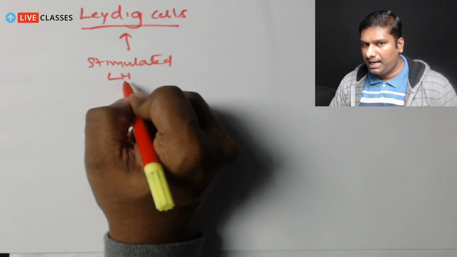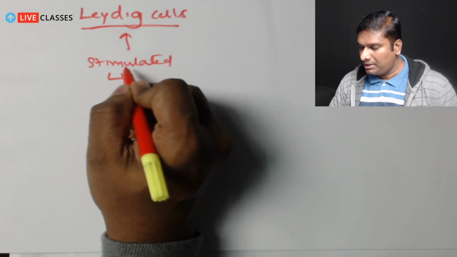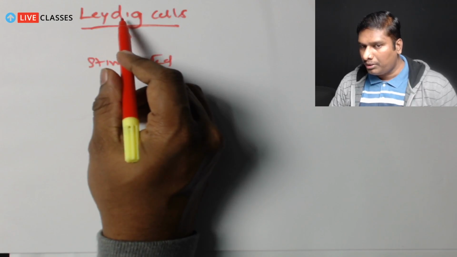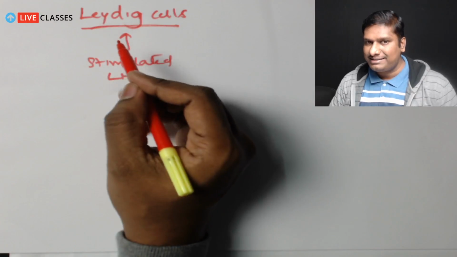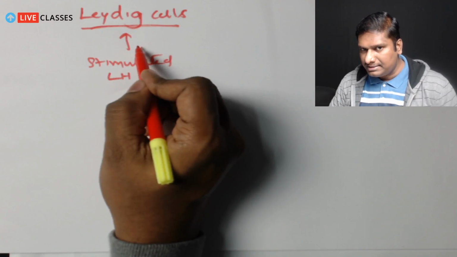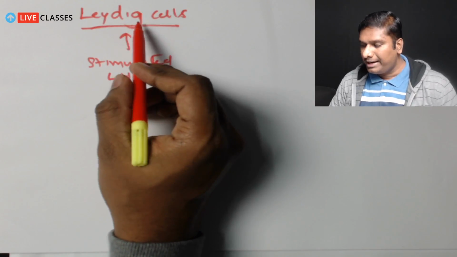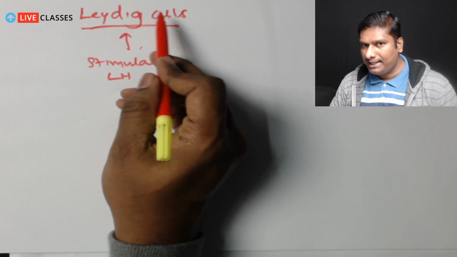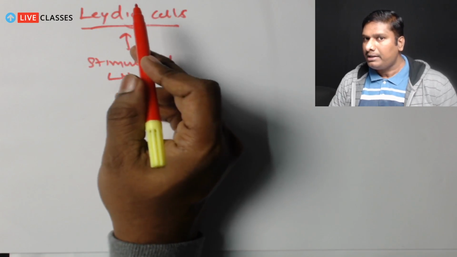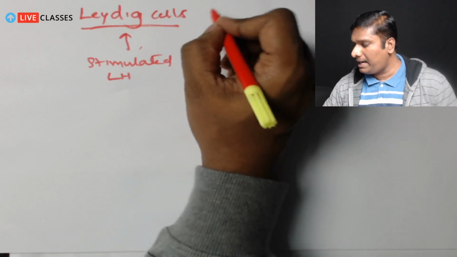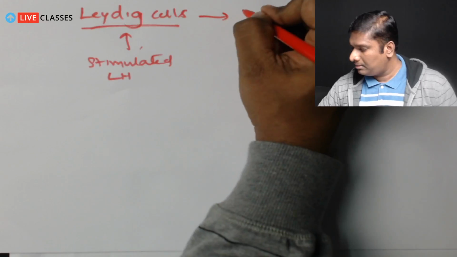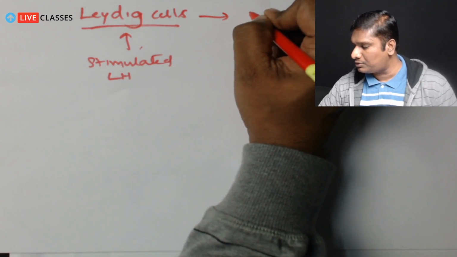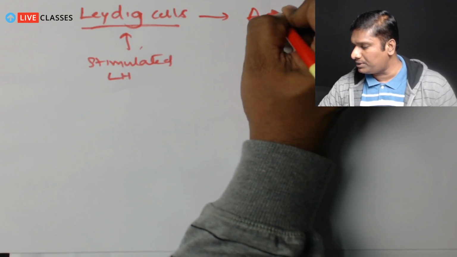This luteinizing hormone travels through your blood and reaches the testis. Specifically, it goes to the stromal tissue where the Leydig cells are present, and it binds to the Leydig cells, which stimulates them to start secreting androgens.